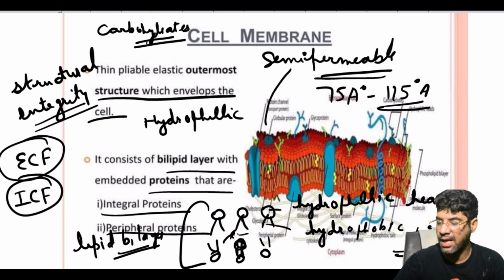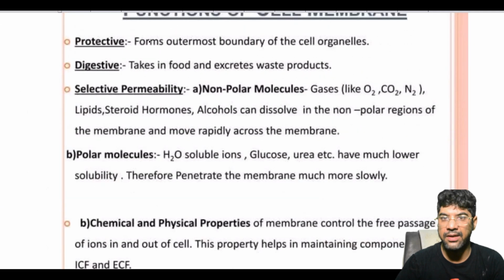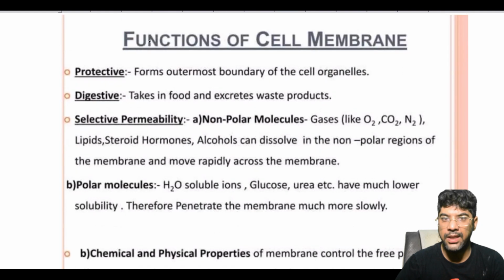Apart from that, there are carbohydrates often attached to the protein, as glycoprotein, or glycolipid on the outer surface of the cell membrane. These molecules are involved in cell recognition and communication.